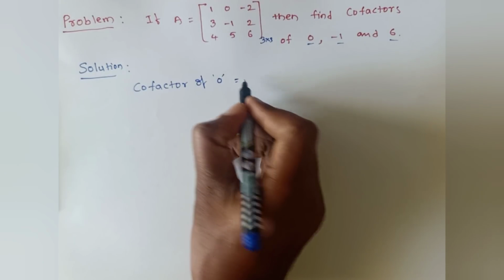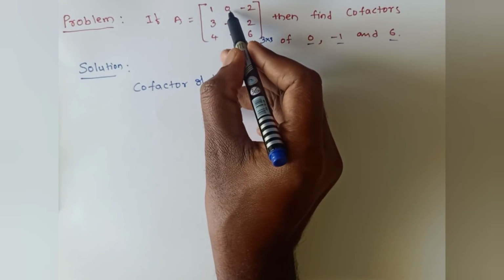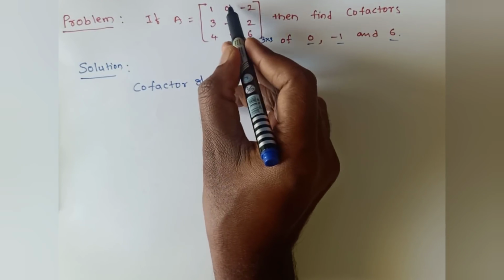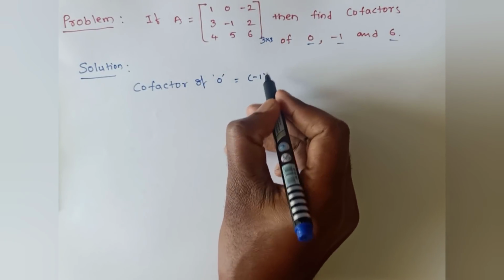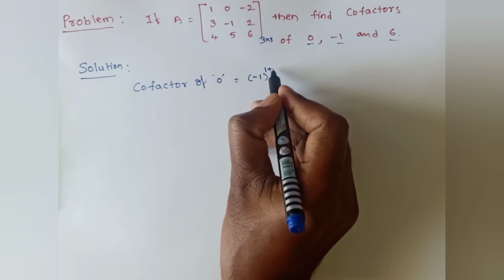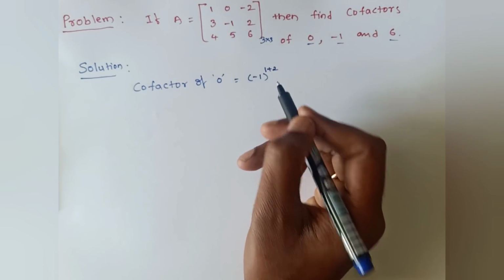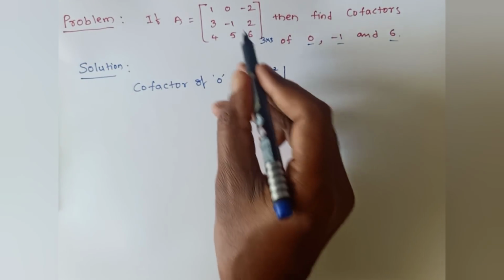Where the 0 is present, that is in the first row and second column. So it is minus 1 to the power of first row plus second column into the minor of 0.